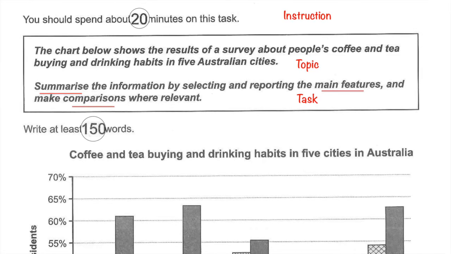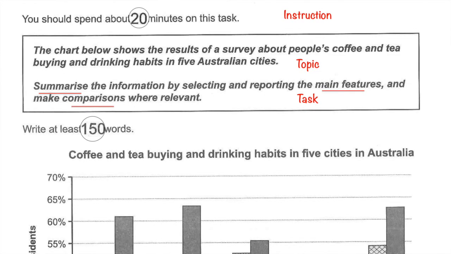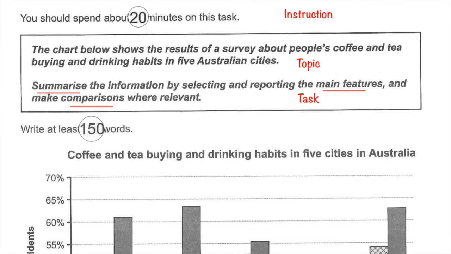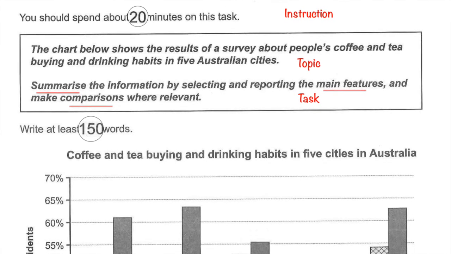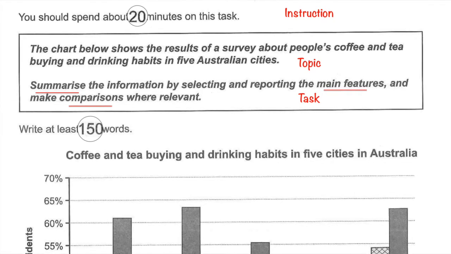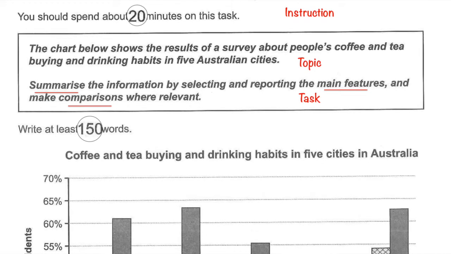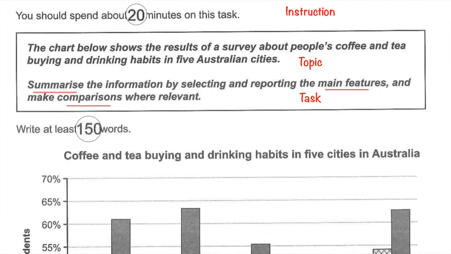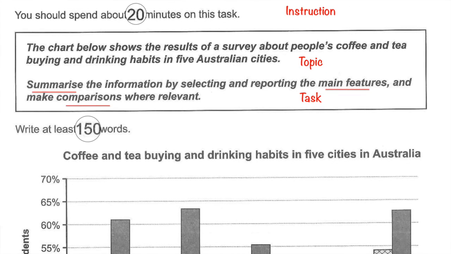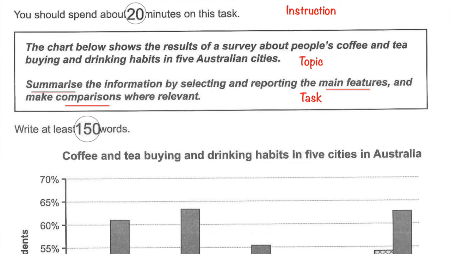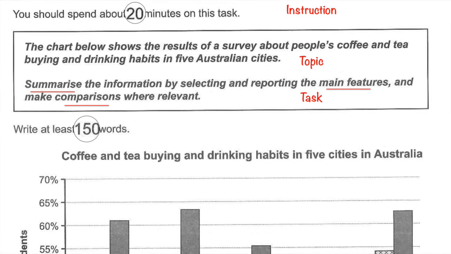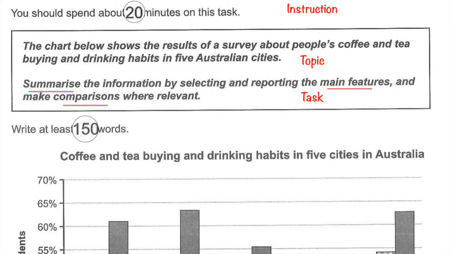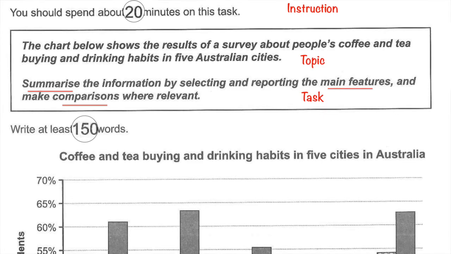One more common feature of this question is the task, which says that you have to summarize the information by selecting and reporting the main features and make comparisons wherever relevant. One thing is more important than the others here: you have to focus mainly on the main features, not all the features or all the data given in the chart. Finally, there is a topic, which is unique to each question paper.